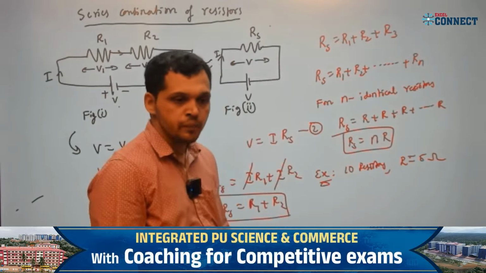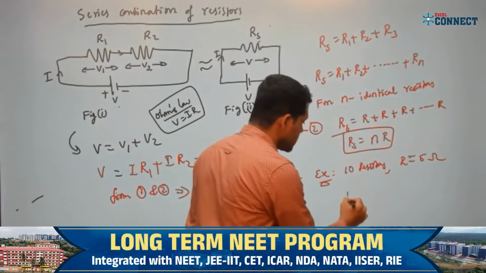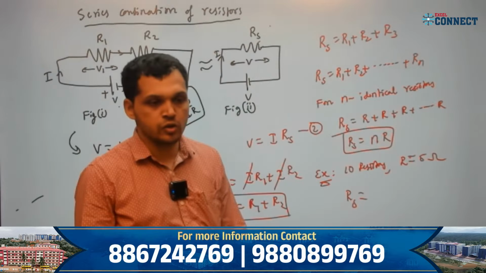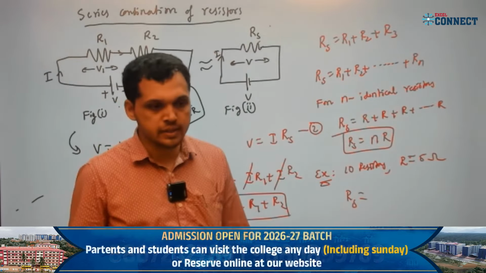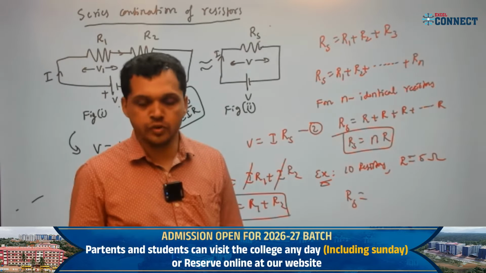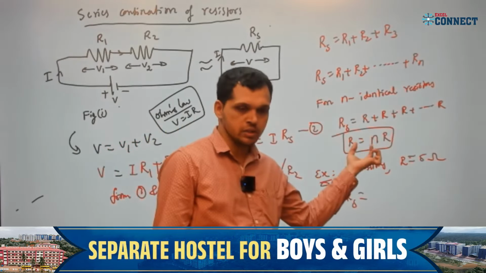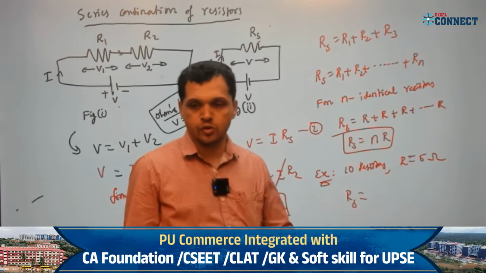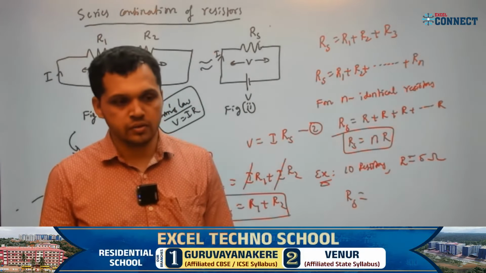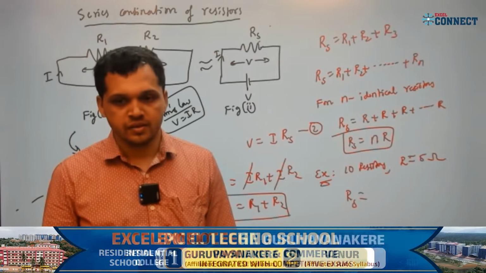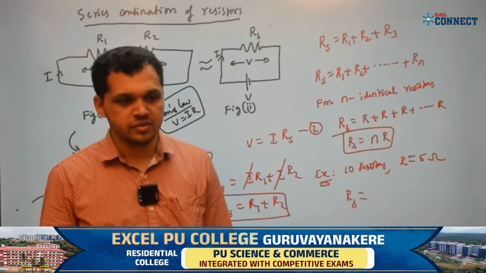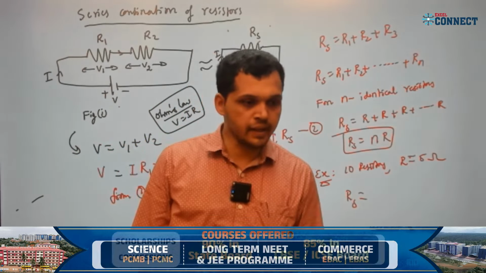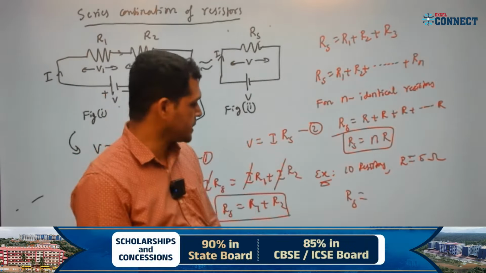Then what is the equivalent value of resistance Rs? Using this last equation, Rs is equal to n times R. Direct multiplication. What is n? n is a number. Yes, 50 ohm is the correct answer.